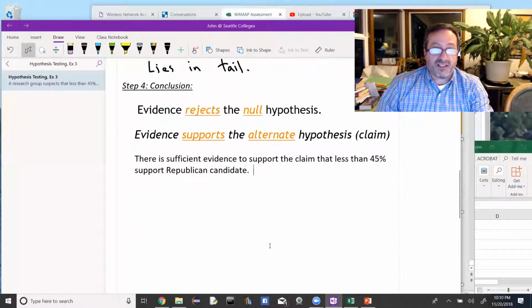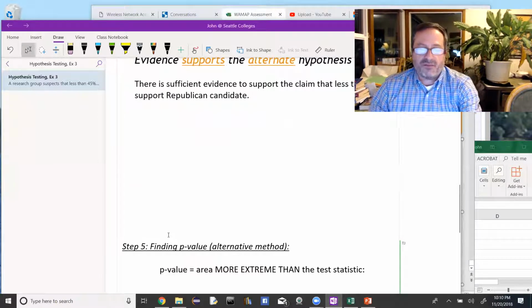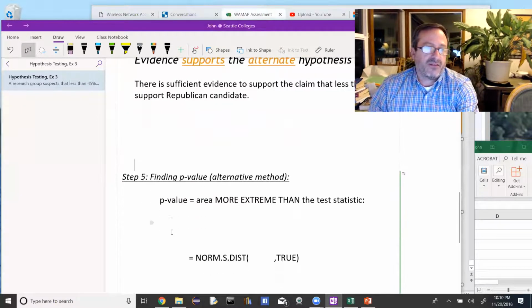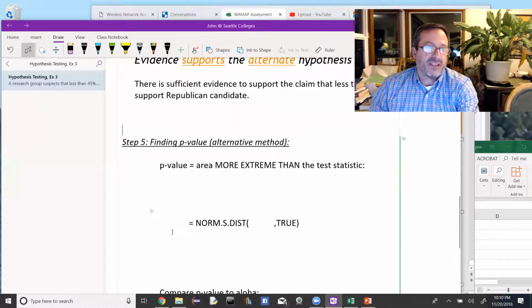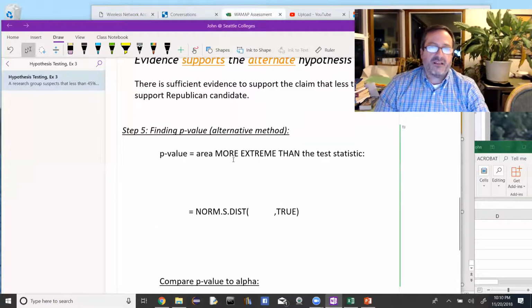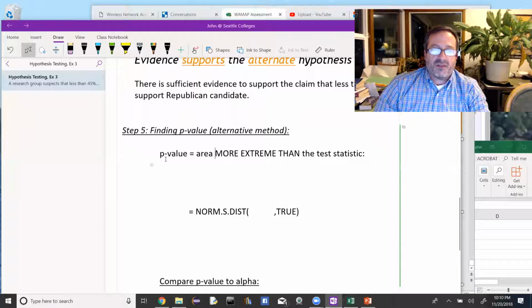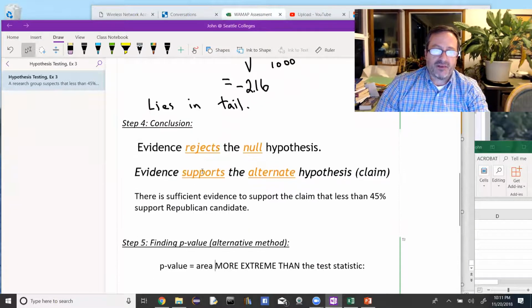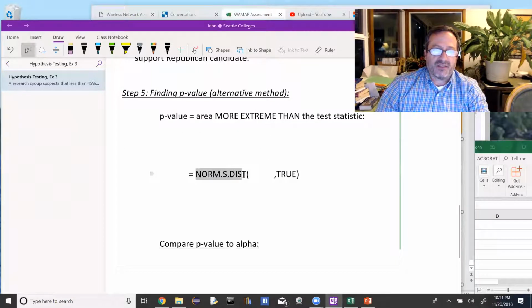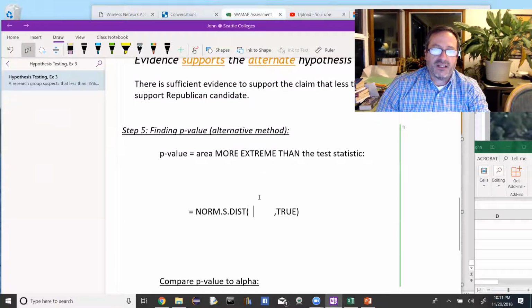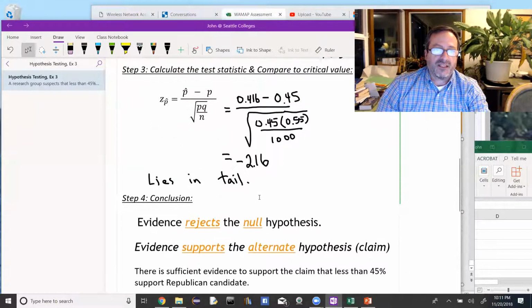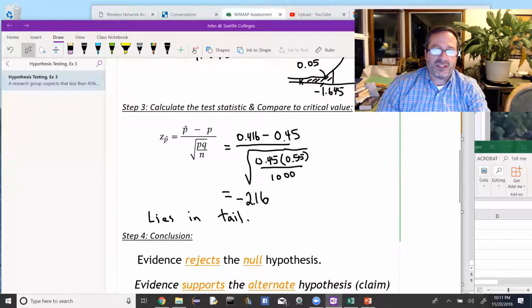The problem is actually done, except that the problem on the homework is looking for the p-value to 3 significant figures. So the p-value is the area in the tails that is more extreme than the test statistic. So because we're looking for proportion, we're doing a hypotheses test of the proportion, we're using norm.s.distribution, and I need to just plug in my test statistic here. So my test statistic again was negative 2.16.